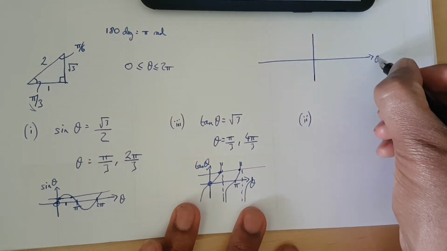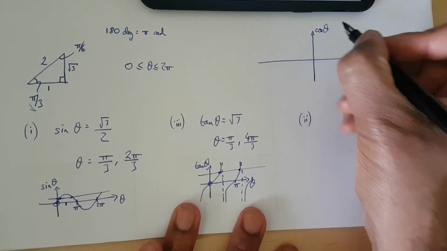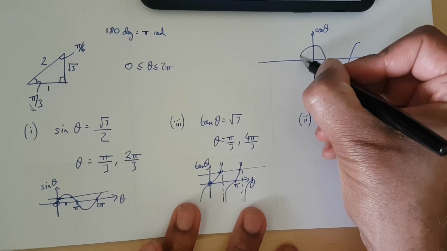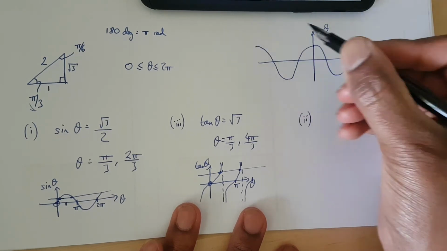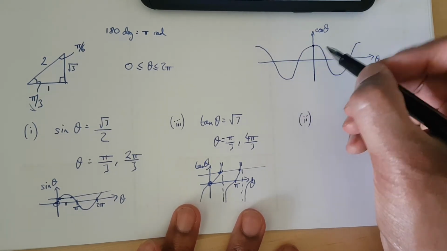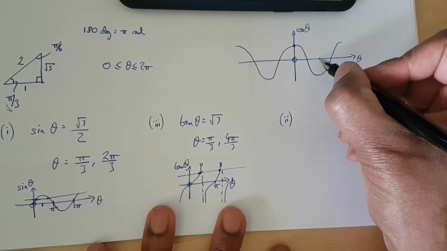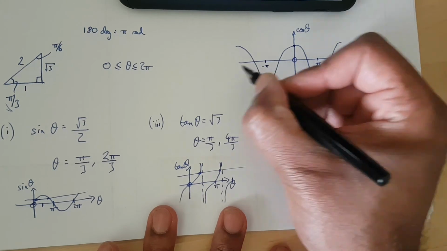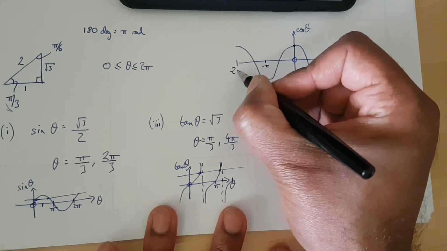Here's my cos graph. Looks something like this. It crosses maximally at 0, so it must be minimum at pi and maximum again at 2 pi, and repeats in the negative direction as well.